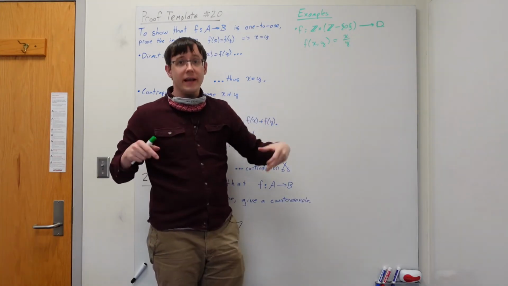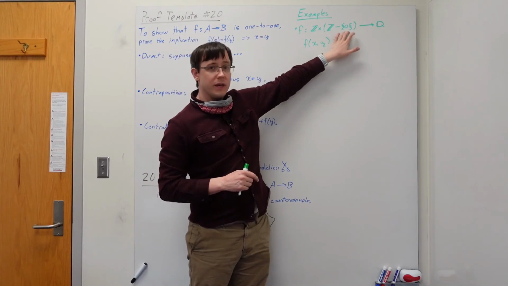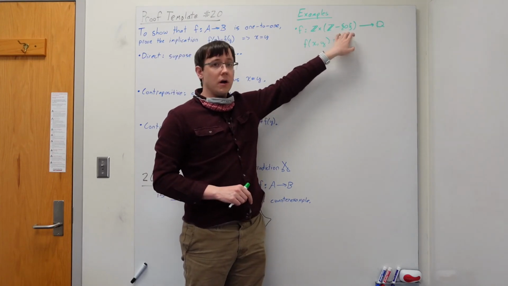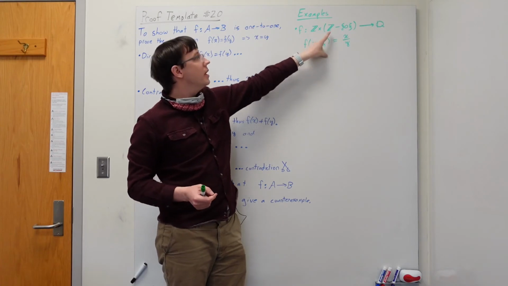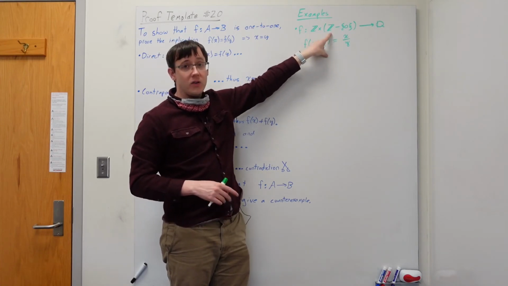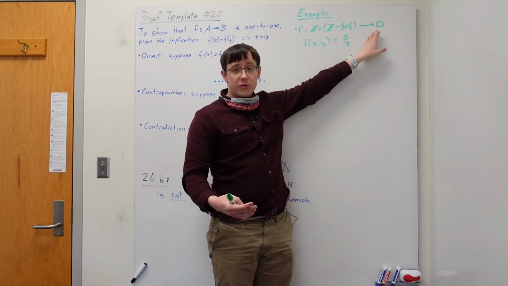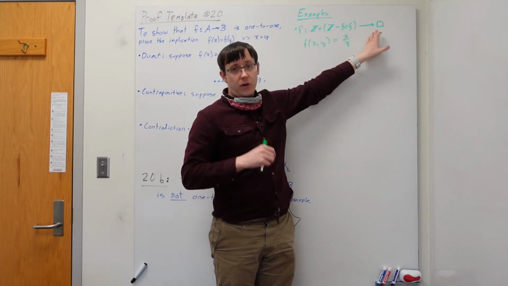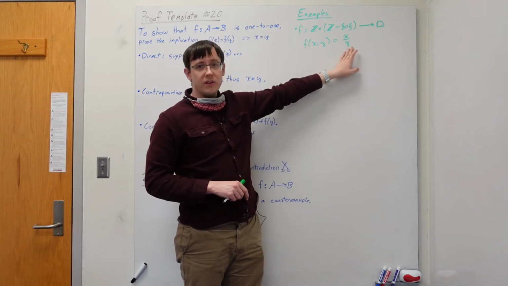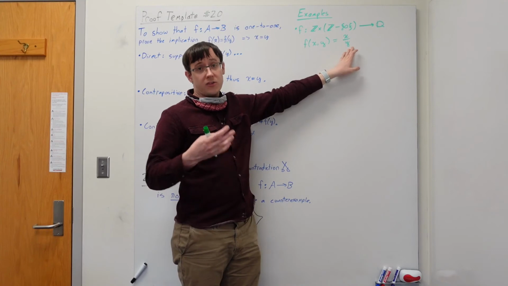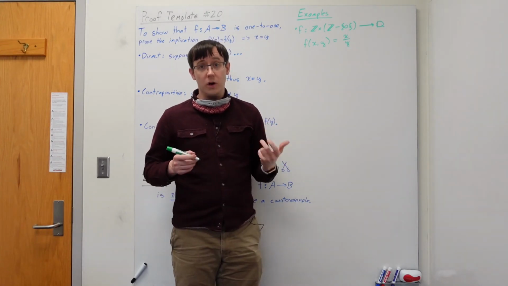Here we are defining a function f where the set of things that can be inputs to the function are pairs where the first element of the pair is an integer and the second element of the pair is a non-zero integer, and then the set of things that can be outputs from the function are the rational numbers. So our function of two integers produces the rational number x over y. And our question is whether this function is one-to-one.